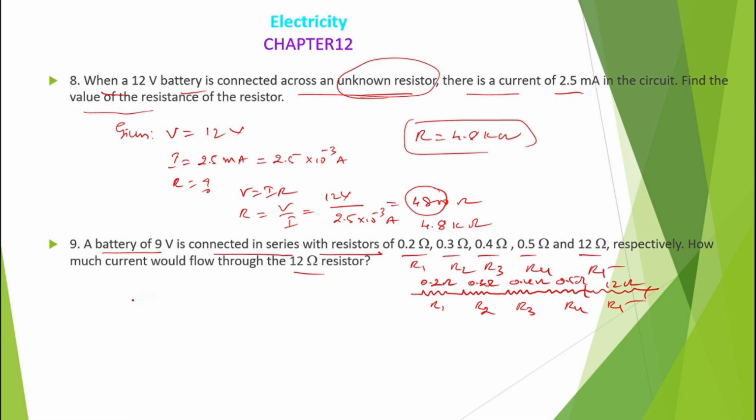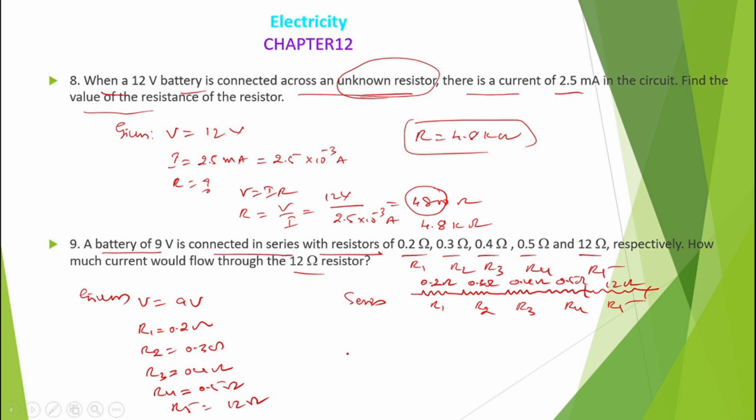Now we will see all are connected in series. Okay. So what he has given? Given voltage he has given 9 volt and R1 is 0.2 ohm, R2 is equal to 0.3 ohm, R3 is equal to 0.4 ohm, R4 is equal to 0.5 ohm, R5 is equal to 12 ohm.